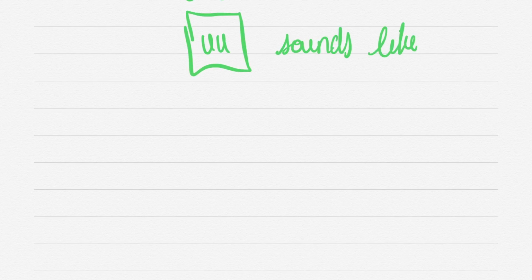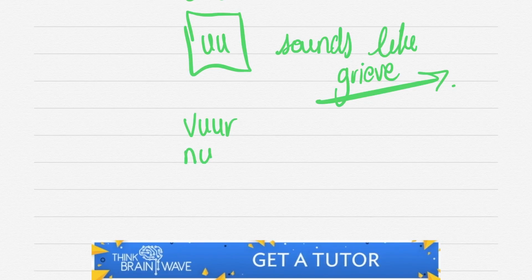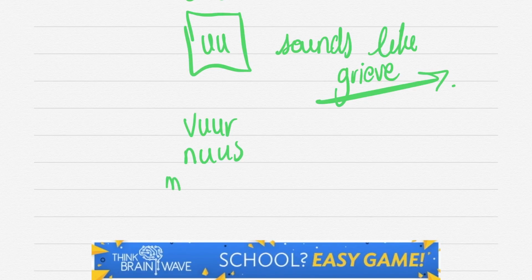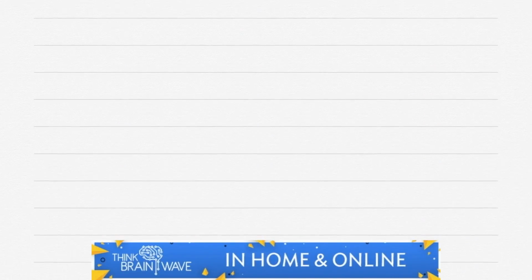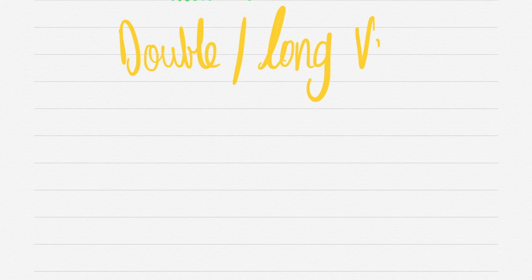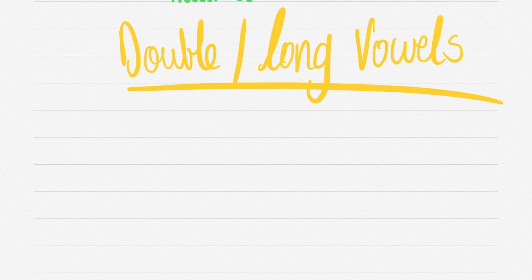Now we're looking at the double u. So uu sounds like grieve. Vier, see that e sort of sound. Muurbal. That e sort of sound is what you get when you write a uu. It's very important that you remember this because otherwise you sound like a real English person when you are speaking Afrikaans. Let's do the double long vowels.